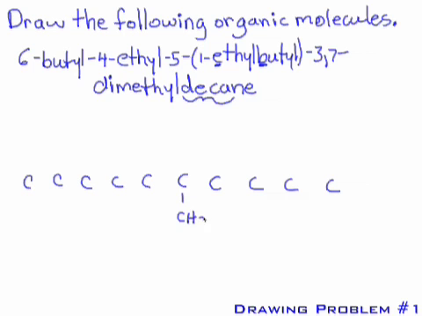So that's a CH2, CH2, CH2, 4 carbons. For carbon 4, we have an ethyl. Actually, let's put it down here. And carbon 3 and 7 has a methyl.